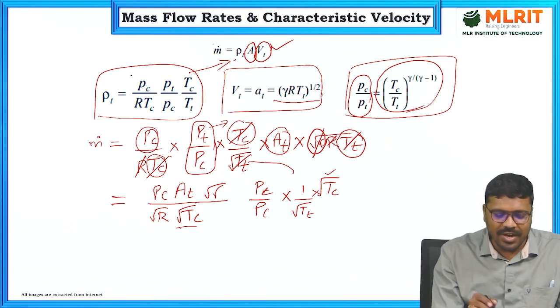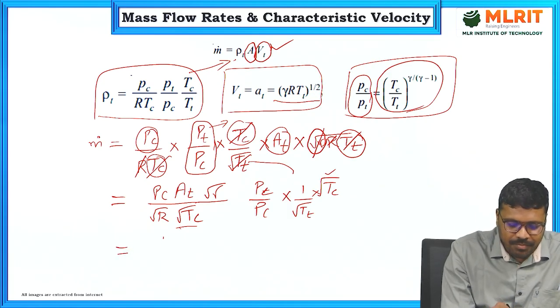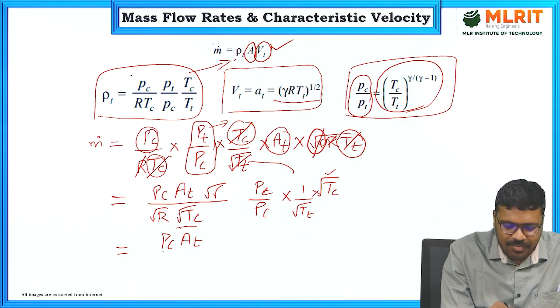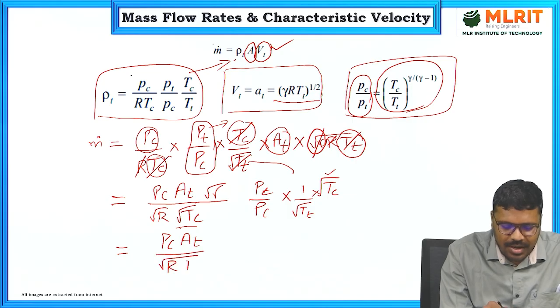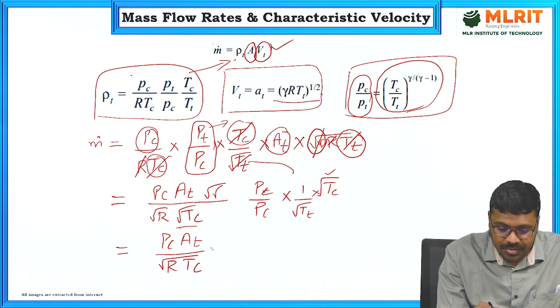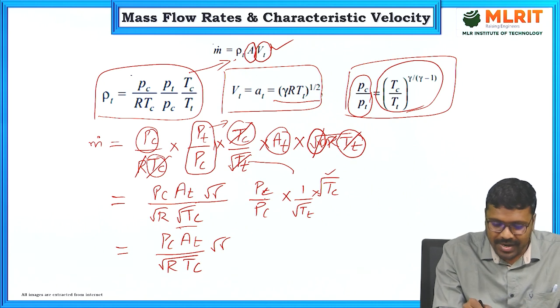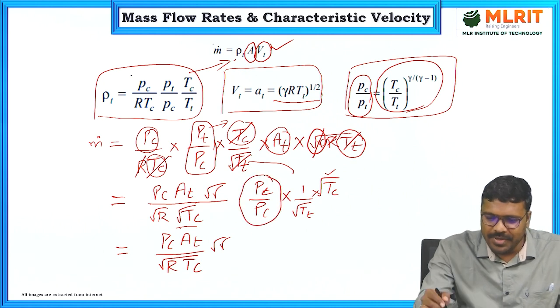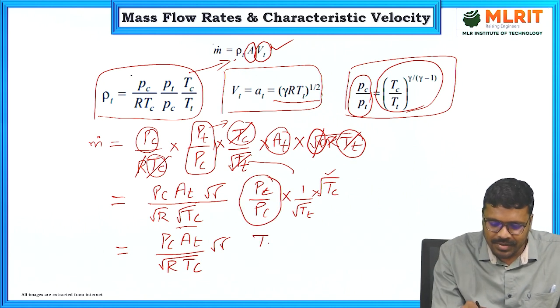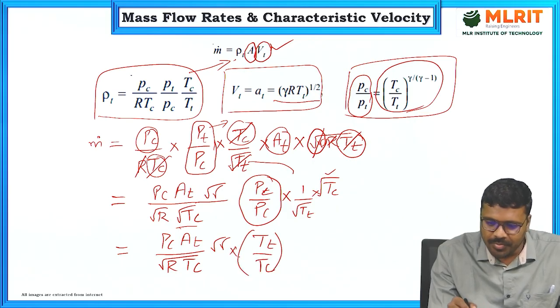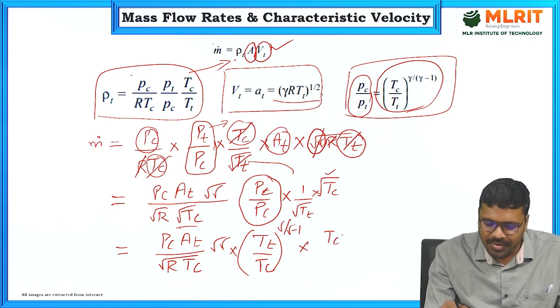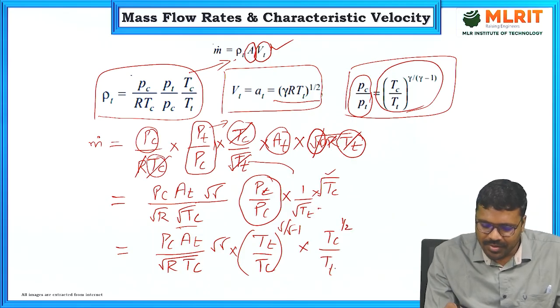Okay, so finally what happened? This equation becomes Pc At divided by under root r Tc into under root gamma and Pt by Pc. This Pt by Pc can be written as Tt by Tc whole to the power of gamma by gamma minus 1, into Tc power 1 by 2 divided by Tt power 1 by 2.